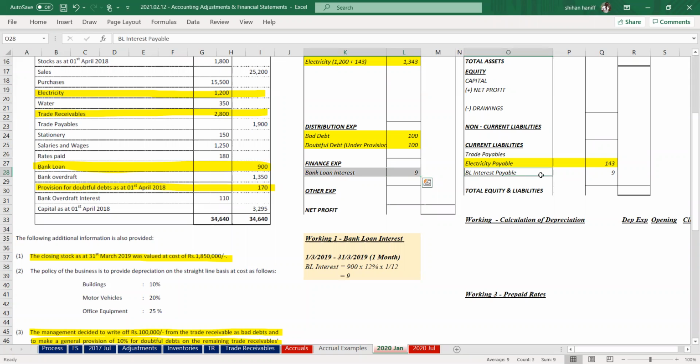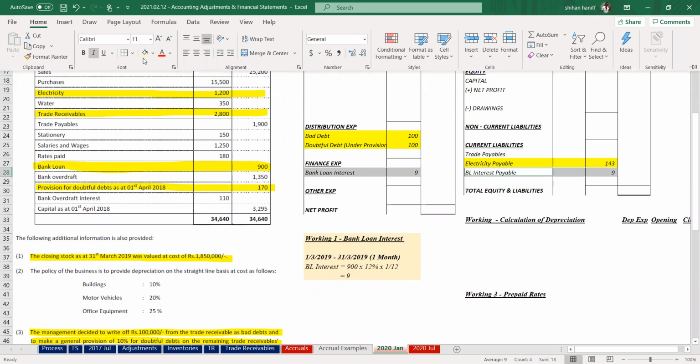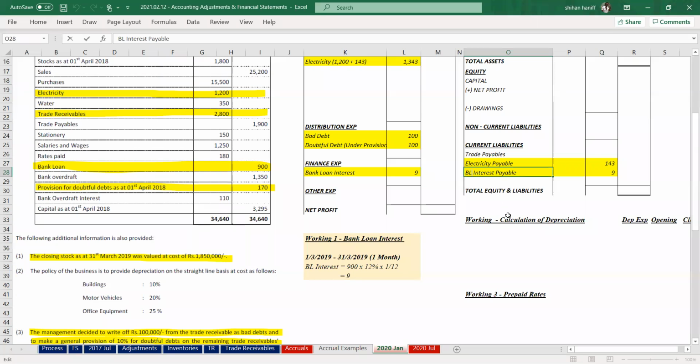Double entry: bank loan interest account debit, bank loan interest payable account credit, 9,000.